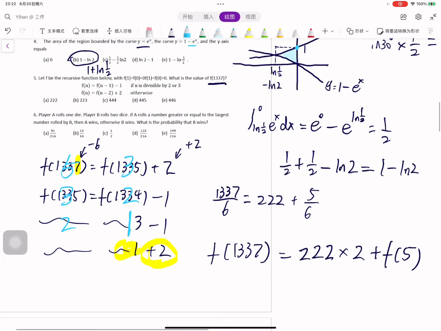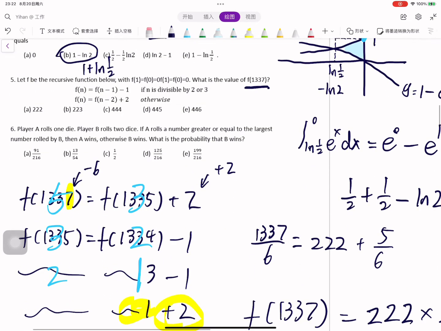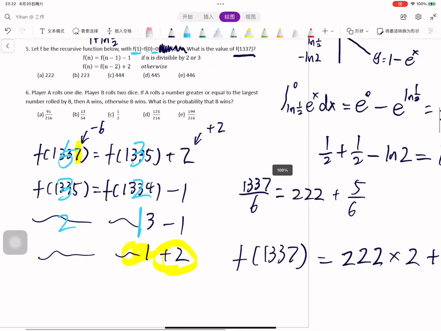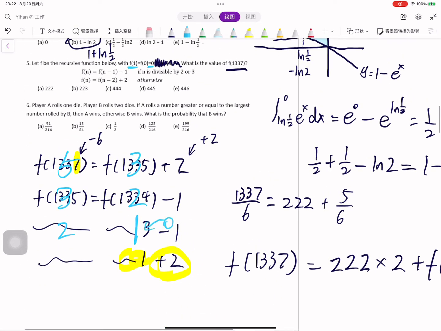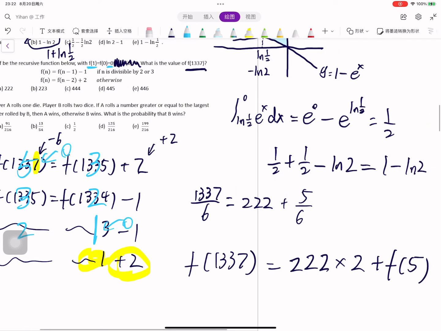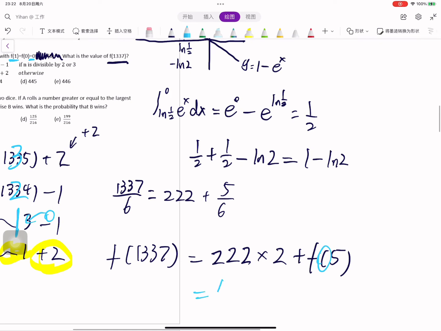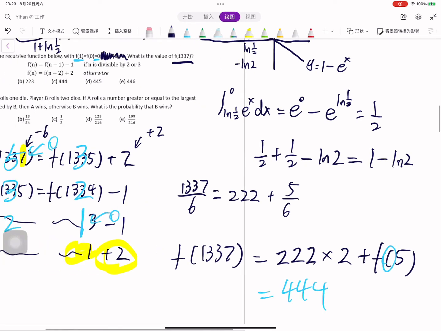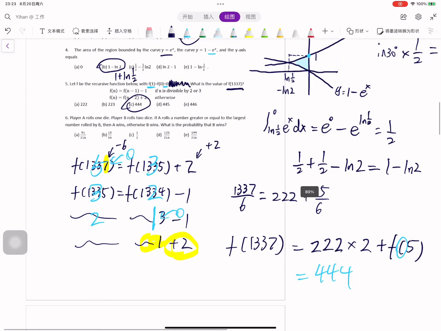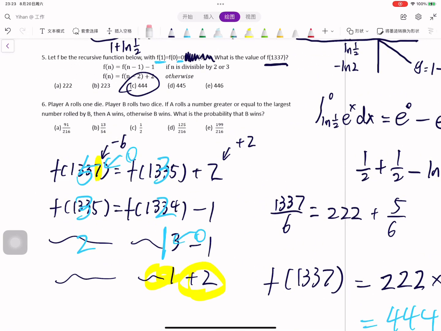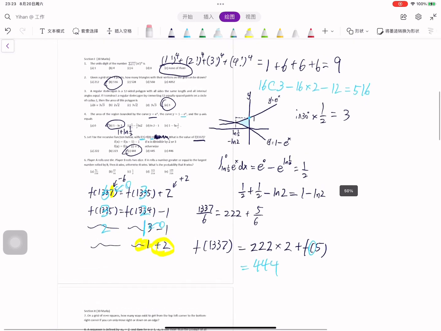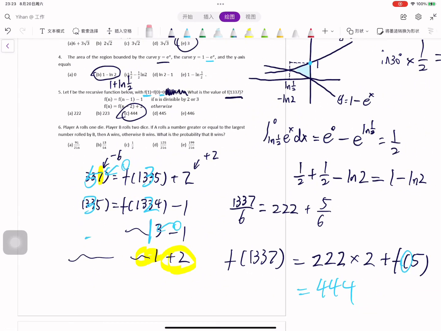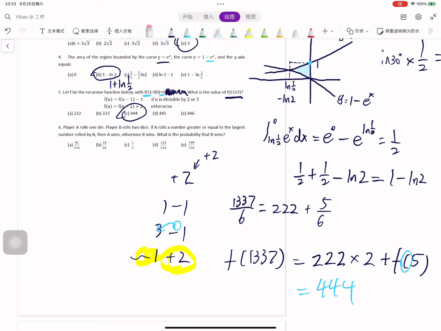And as the question said, sorry, there is something more. As the question said, f(1) equals 0. So this is 0, and f(5) should be 0. So this is 0, and the answer should be 444. Here, we find the answer. And I will rub this out and explain the final question.